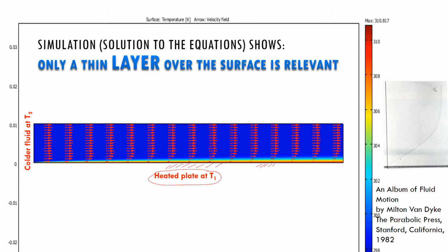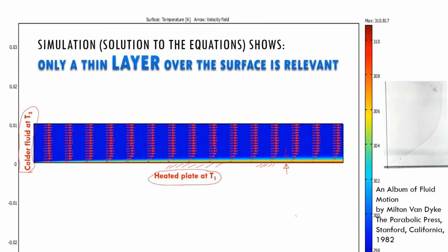So it's a heated plate and a colder fluid is flowing over it. So you can see right there from the solution that the effect of the heated plate doesn't go very far. It is restricted to a thin region near the surface. And I did not assume it to be thin.